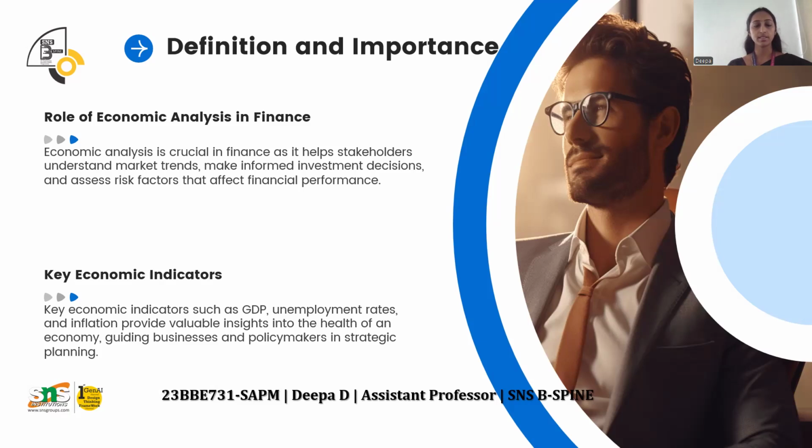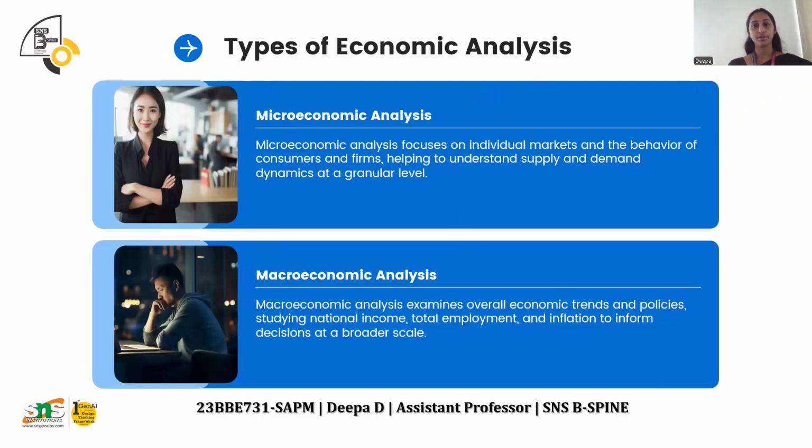All these things literally decide the economic condition of a nation. They are very important key indicators for any kind of planning or financial decisions we need to take. It helps a lot.